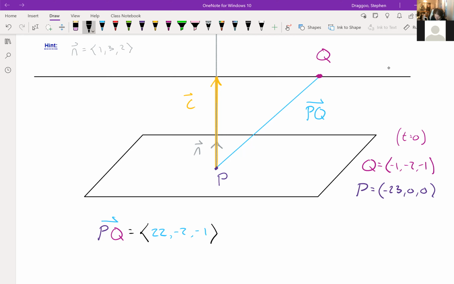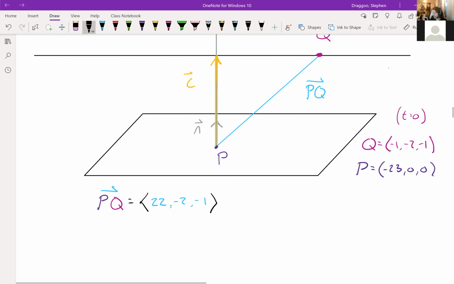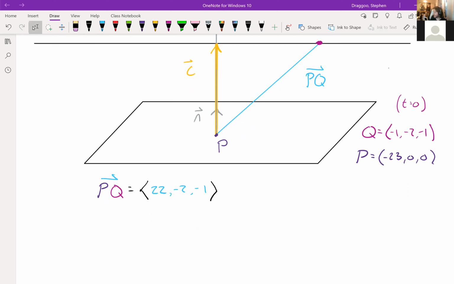The work from here is to just project this guy onto the normal vector, right? Because in the end, the thing that I want is C. So if I just look at the absolute value of C, or the magnitude of C, which is the distance, that means I just want the component of PQ that is in the direction of N. Right, so I don't even need the full projection.